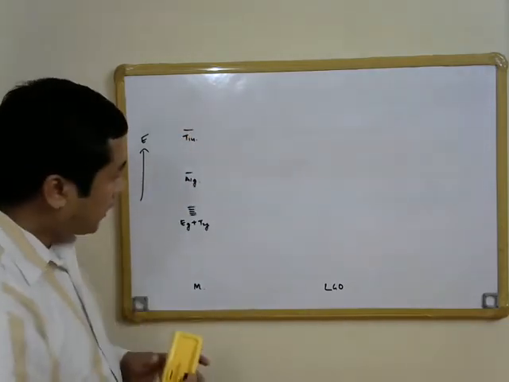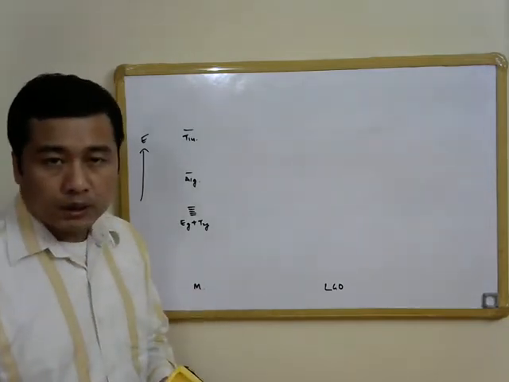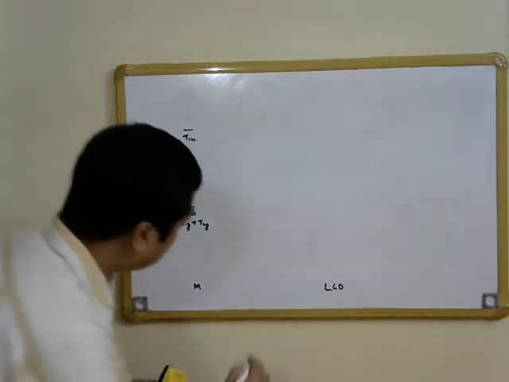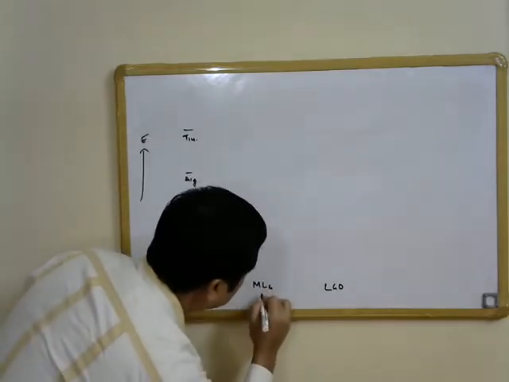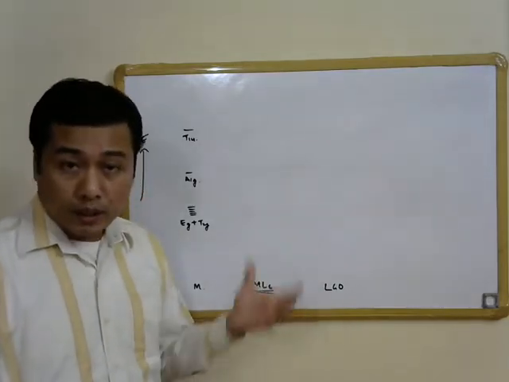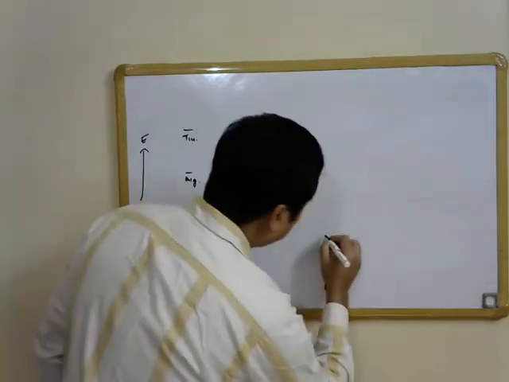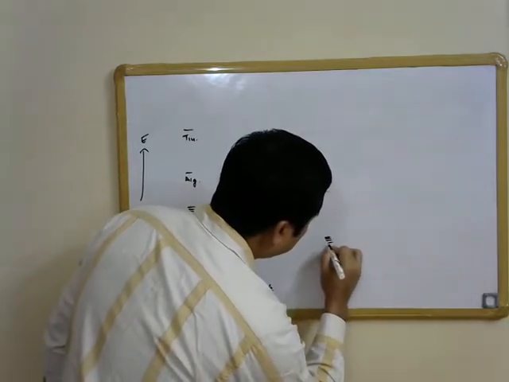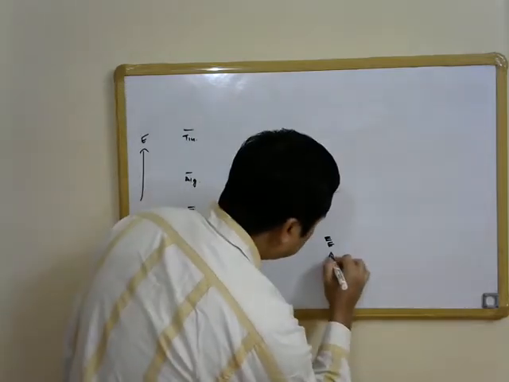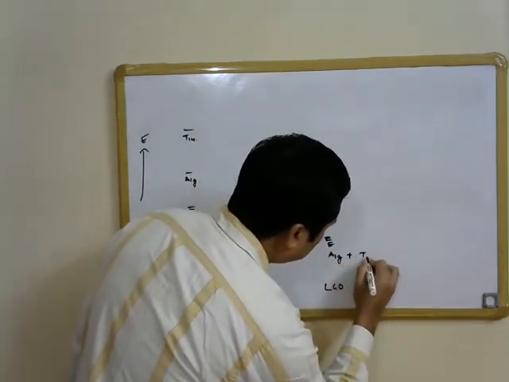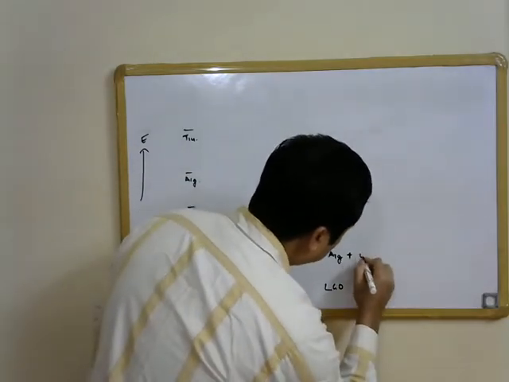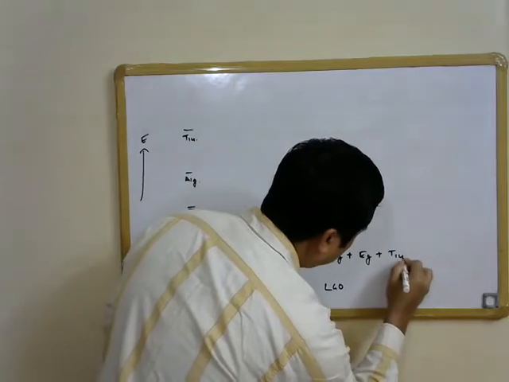Now we know that for formation of an octahedral complex, that is ML6, the symmetry of the ligand group orbitals we have already deduced. That is, the symmetry of the 6 ligand group orbitals which can form an octahedral complex is A1g plus Eg plus T1u.